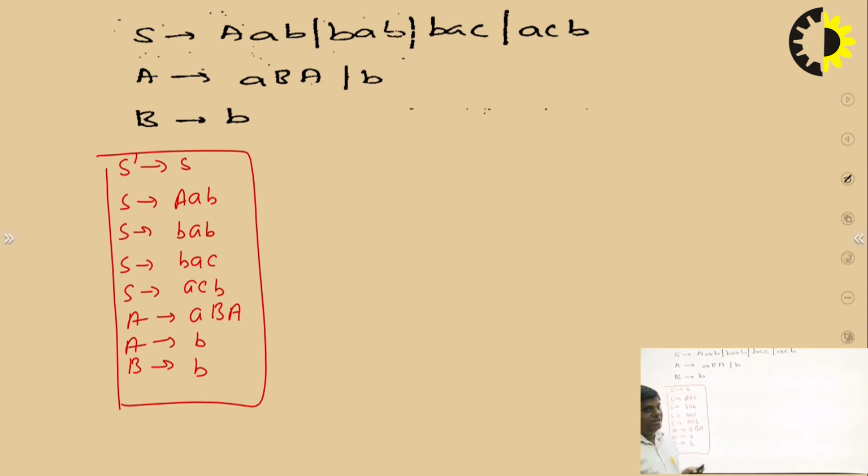Very simple. We add only a single production rule, that is S' to S. We simply put a dot here, that is the canonical collection of LR items.